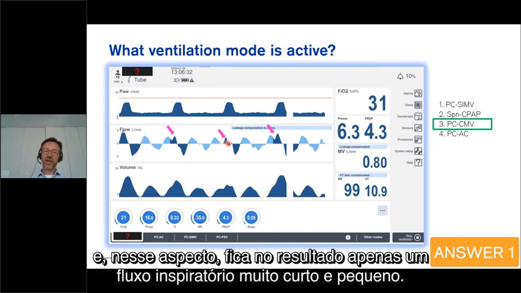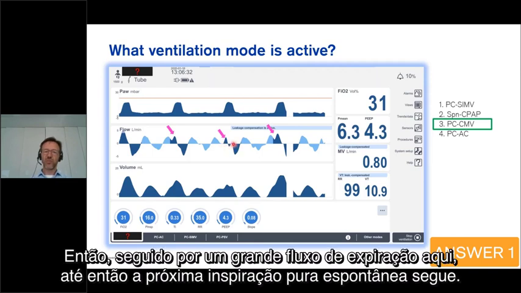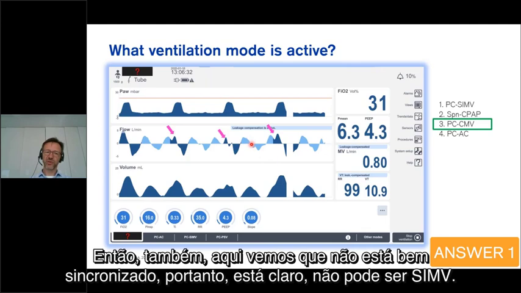The result is only a very short and small inspiratory flow, followed by a big expiration flow, until the next pure spontaneous inspiration follows. So here as well we see it's not well synchronized. Therefore it's clear it can't be SIMV.